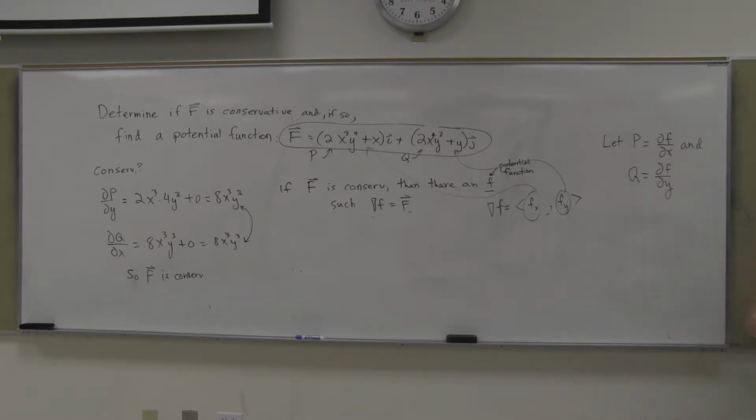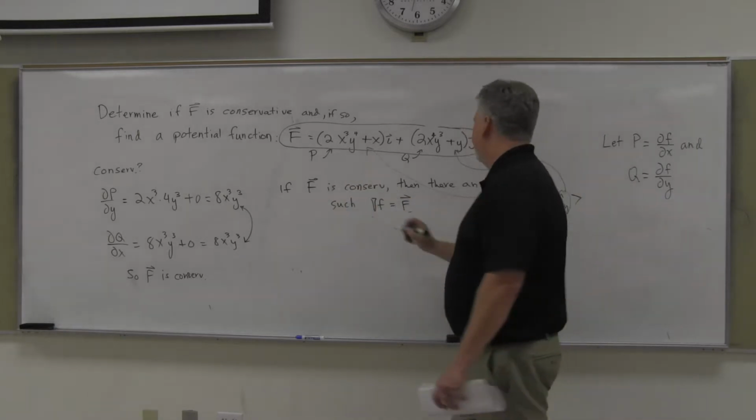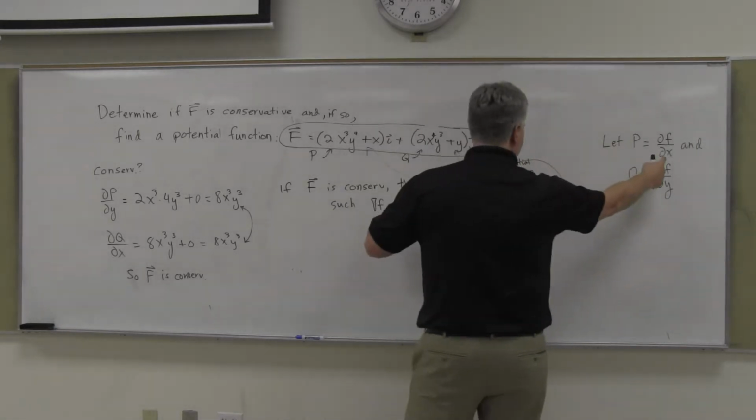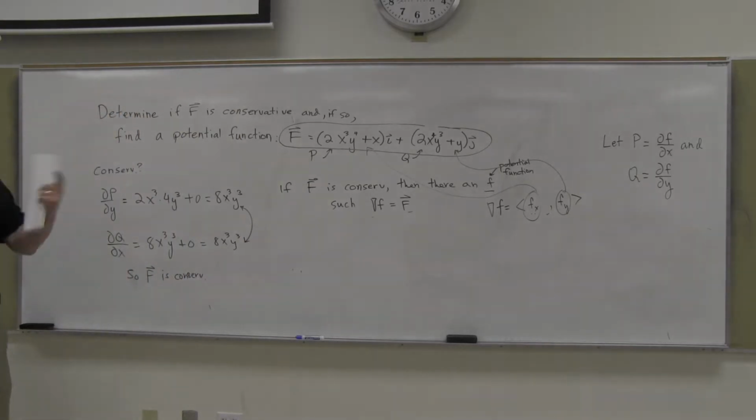So that's how we start this off. Now notice, this is a little different than determining if it's conservative, because there we were doing the partials of P. What we're saying here is our partial of f with respect to x is going to equal P, and the partial of f with respect to y equals Q.